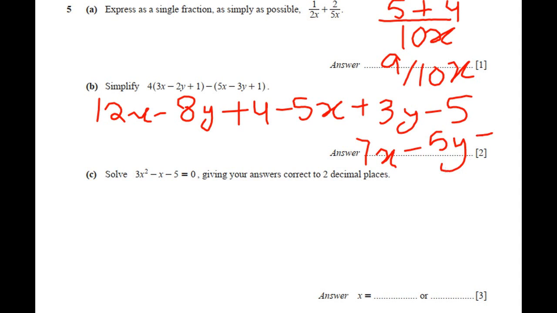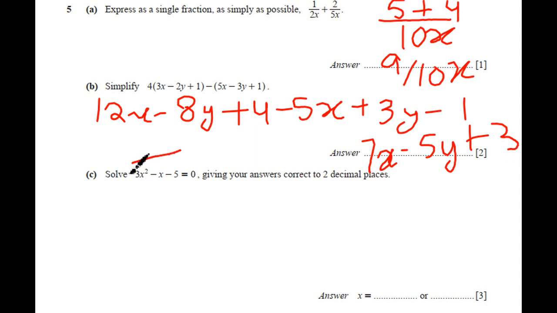So 7x, sorry, this was not minus 5, this was minus 1. So 12x minus 5x was 7x, then minus 5y, and then plus 3. 4 minus 1 is plus 3.